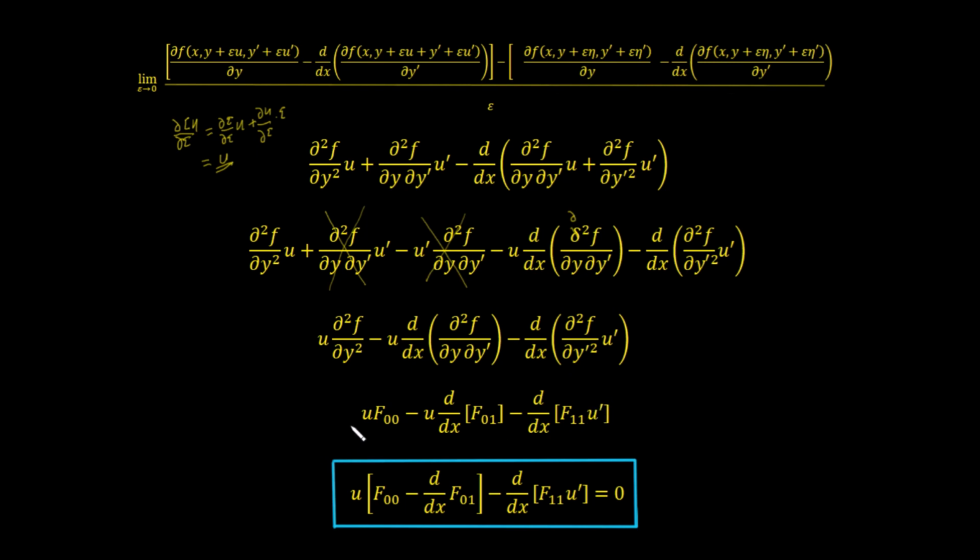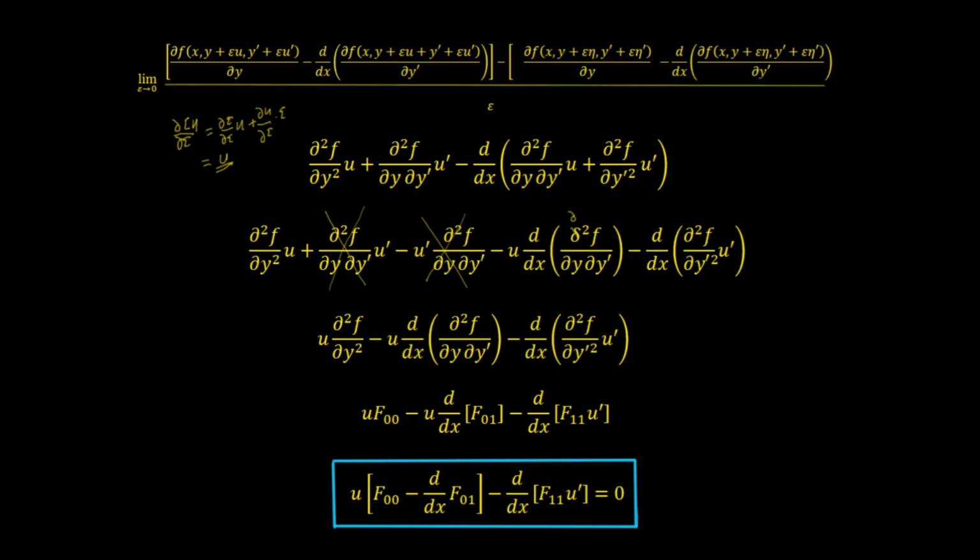So now if we take out the common factor here of our u, then we're left with our Jacobi accessory equation, which is u times f00 minus d by dx f01 all minus d by dx f11 u derivative, and that is equal to 0.